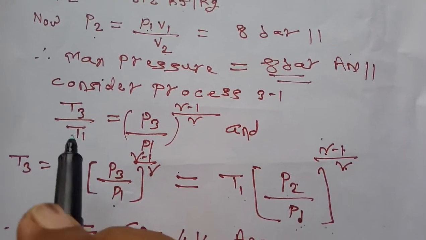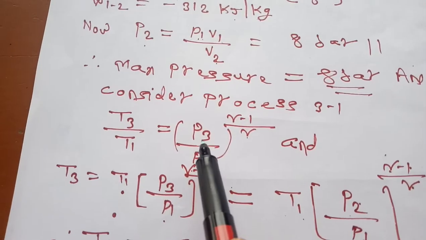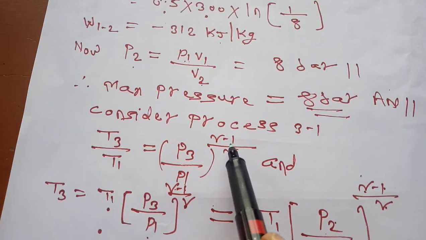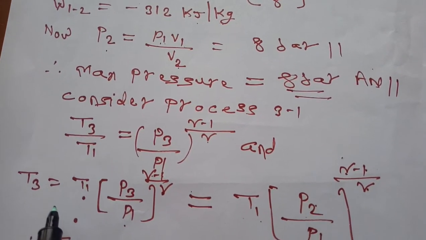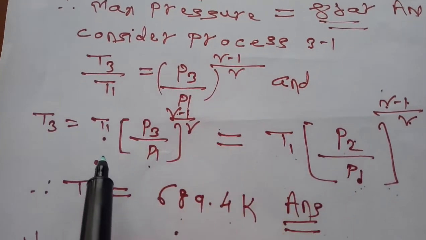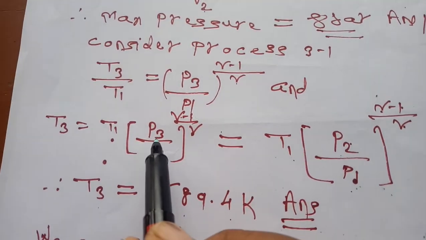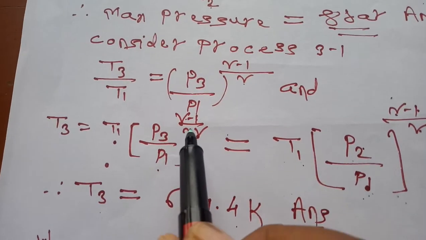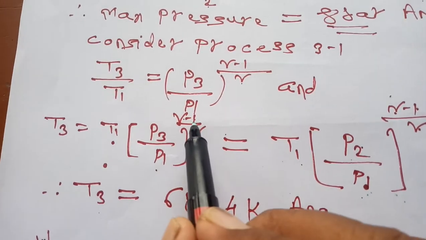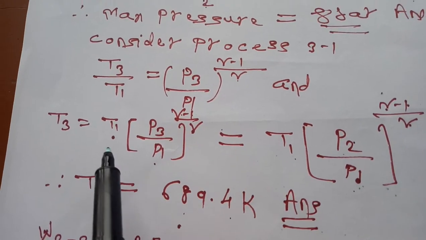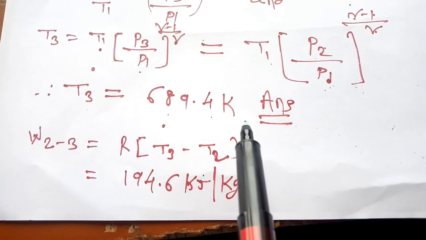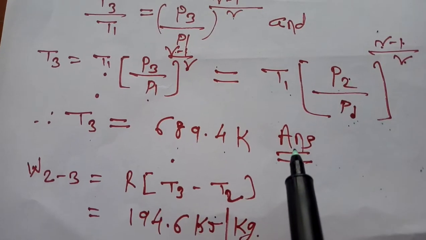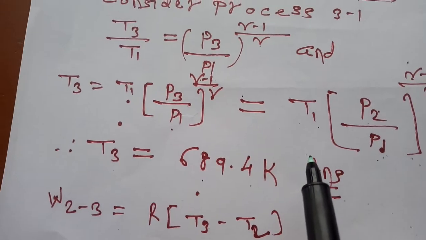So T3 by T1 is equal to P3 by P1 to the power of gamma minus 1 divided by gamma. T3 is equal to T1 into P3 by P1 raised to gamma minus 1 divided by gamma. So T3 value comes 689.4 Kelvin. So this is the second answer we have got.